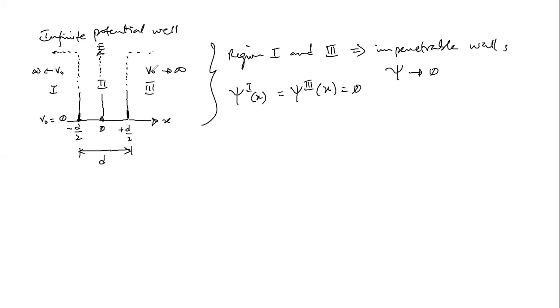And going by the last example we resolved, we know that the second derivative of psi with respect to x, d squared psi over dx squared, is the same as negative k squared psi.